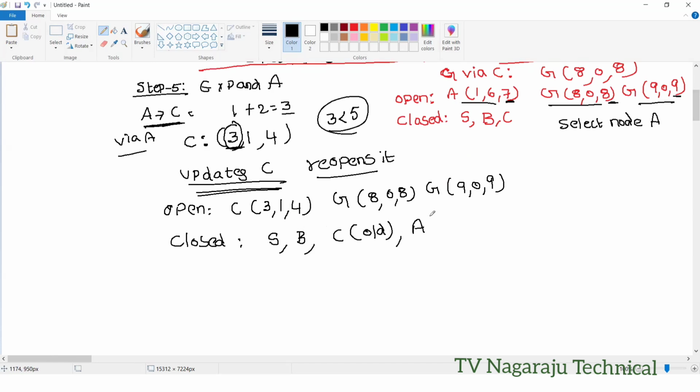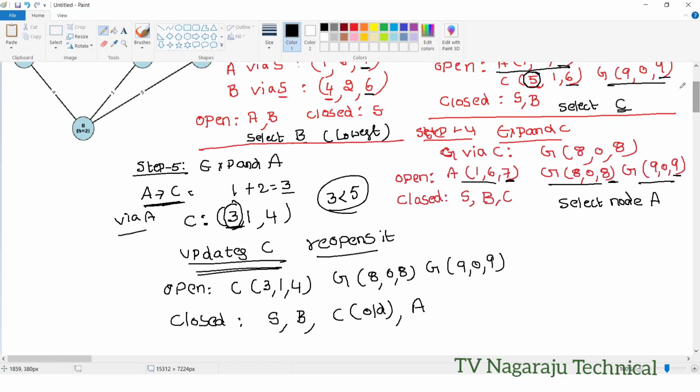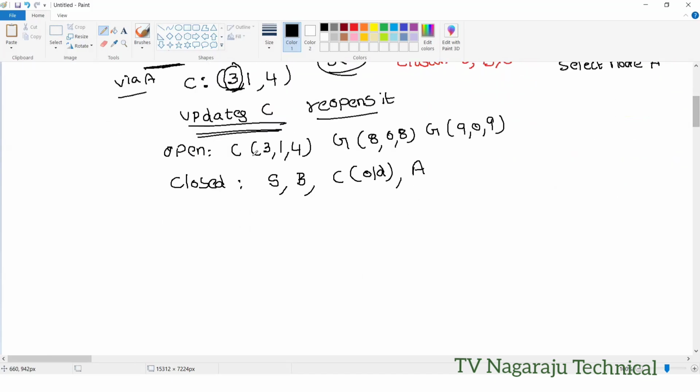Clear? So the only important thing you need to remember is, even though C is completed, if you are calculating via A, the G value is reduced. Now in step number 6, this value is 4, this value is 8, this value is 9.